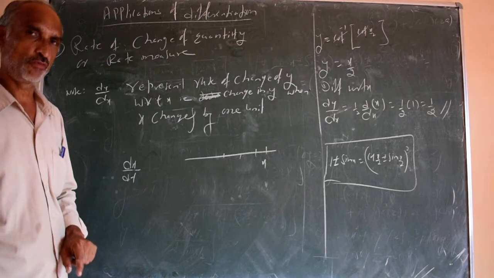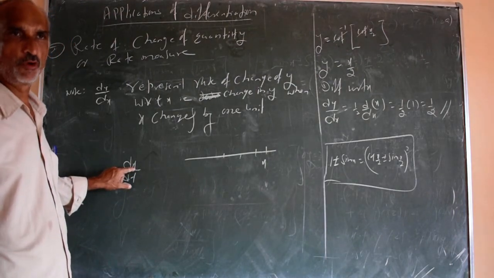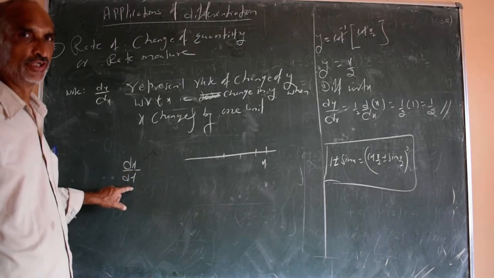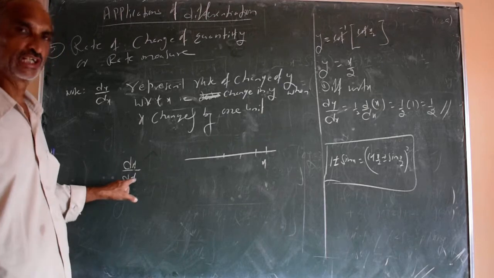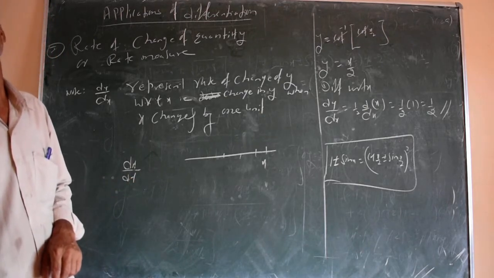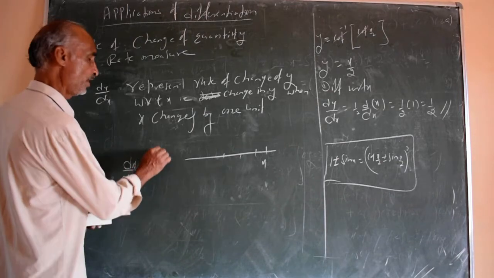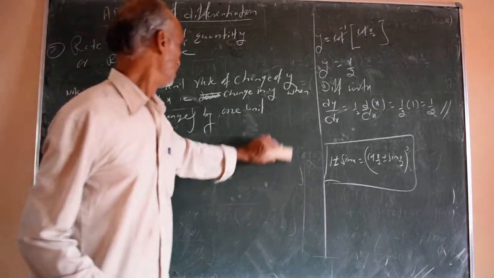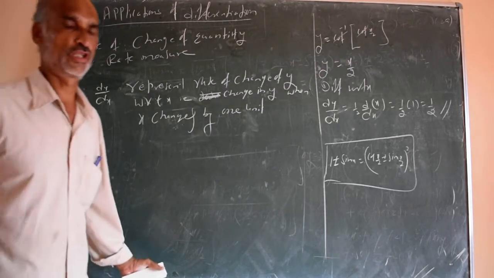Rate of change of position means change in the position of the body when time changes by 1 unit. Change in position is called displacement. Displacement per unit time is nothing but velocity. Therefore, it is equal to velocity v.